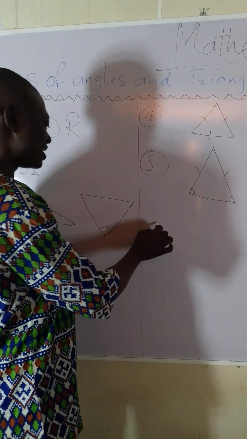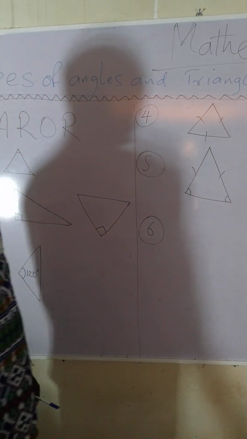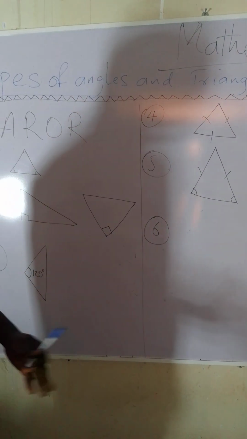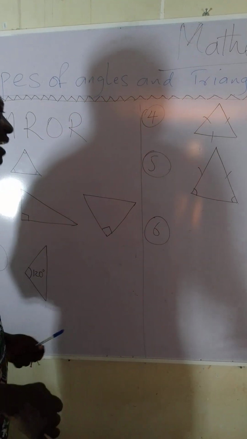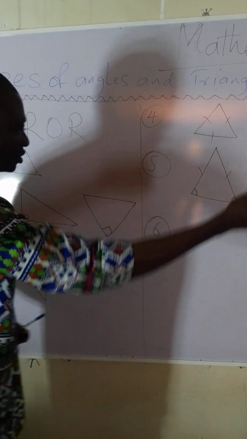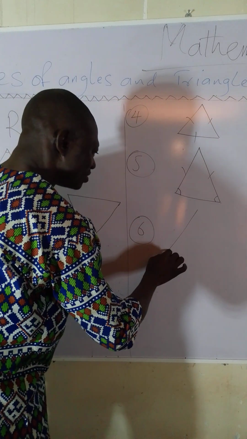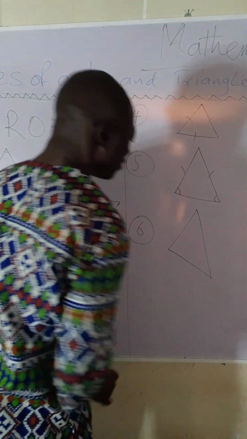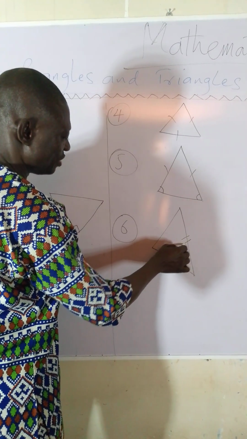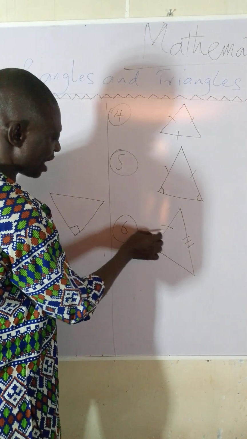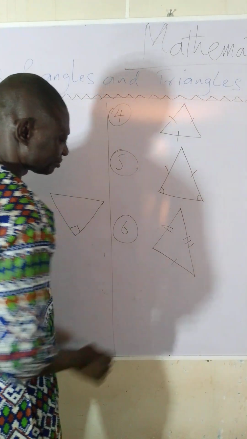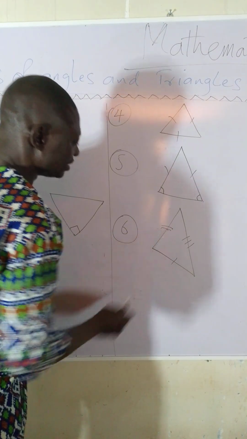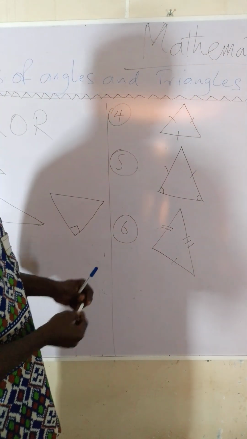So, number 6, we now have a triangle where all the sides are not equal. None of the sides is equal to the other. And that is called scalene triangle, for instance. If we have this, this could be the longest side, followed by this, and now here. This has shown us that none of the sides are equal.